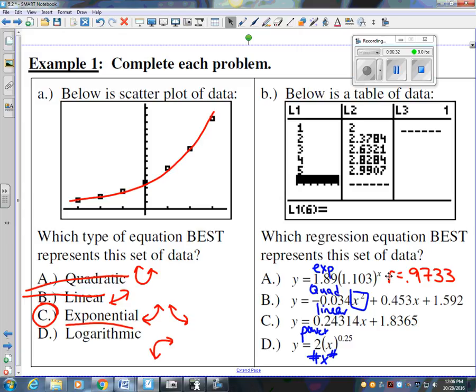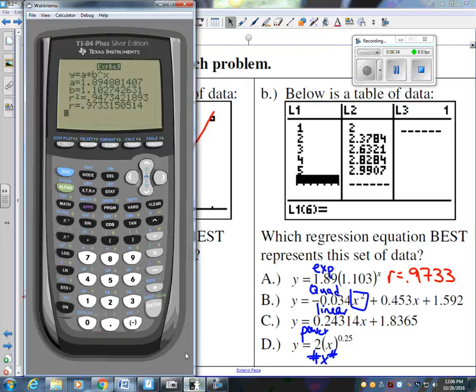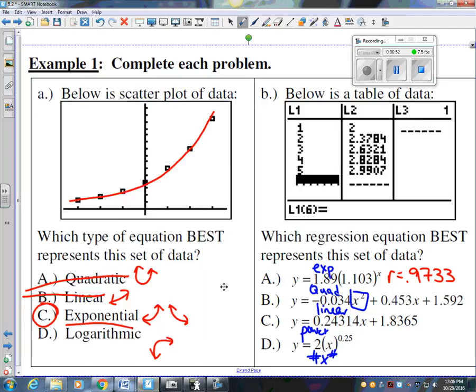All right, I go back to my calculator. This time I'm going to quadratic. So stat, calc, quadratic is number 5. Enter, enter, enter. The R value is 0.9986. This one only gives R squared, so we will use that. 0.9986. C was linear. Go back to the calculator and do linear.